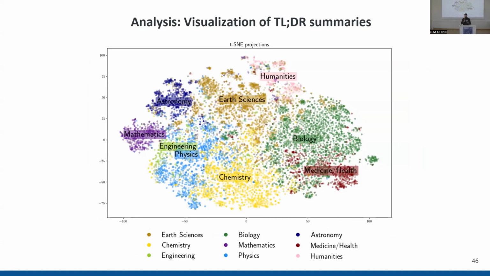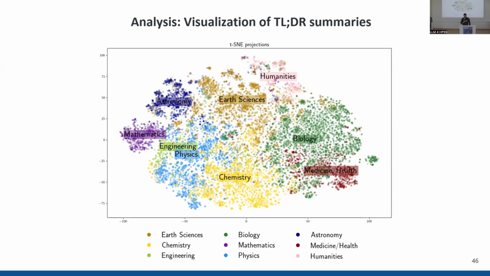We see the overlap between chemistry, physics, and biology, with chemistry in the middle. And we can also see that humanities, astronomy, and mathematics are more like isolated clusters in this projection.